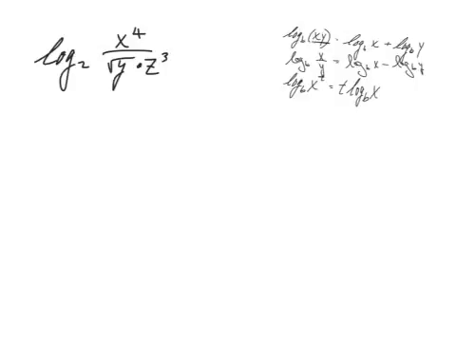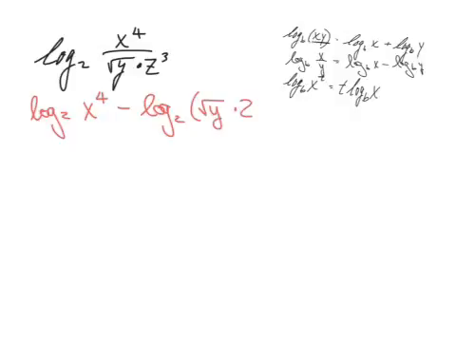Okay, so first thing that we do here is we do the division just like I did on the last one. So we're going to rewrite this as log base 2 of x to the 4th minus log base 2, and I'm going to put this in parentheses. Okay? So I did the division part of it.